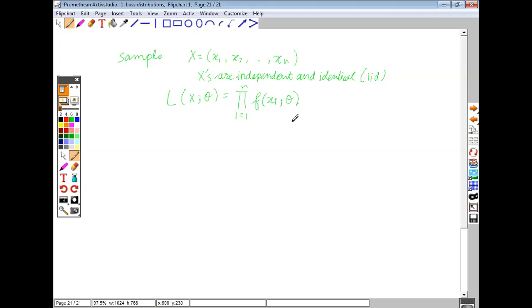So now what I want to do is maximize this likelihood function, right? I want it to take the highest value possible. So what will I do? I'll differentiate it, right? With respect to what? Theta or x? What will I differentiate this likelihood function with?